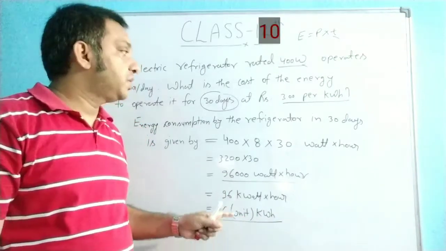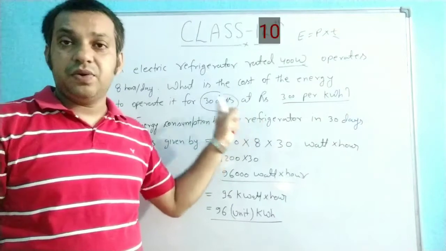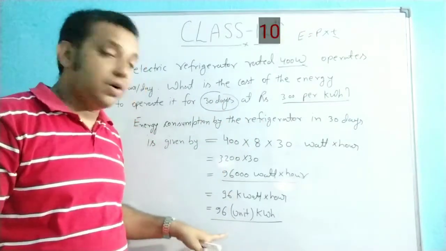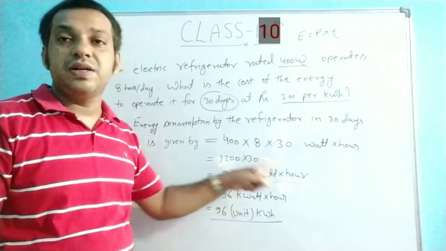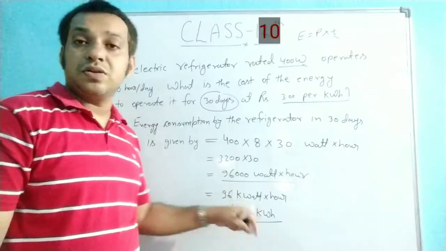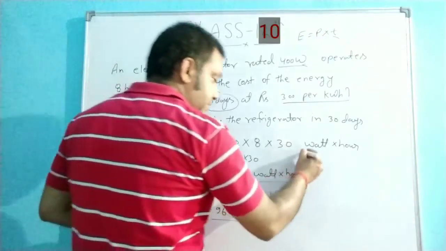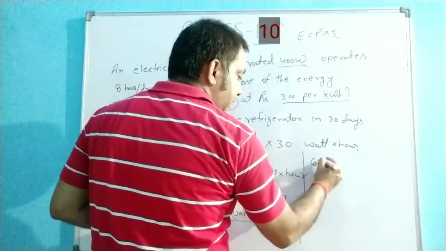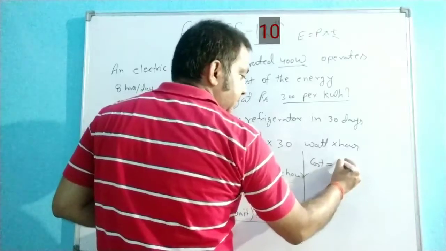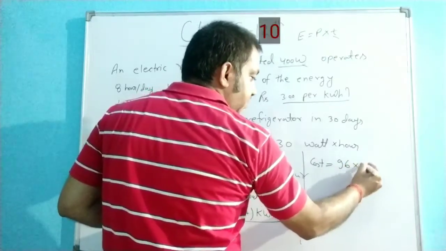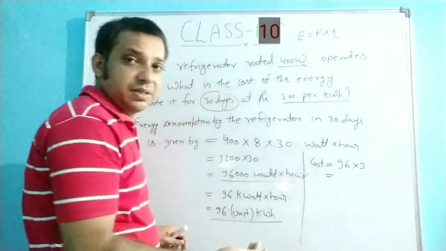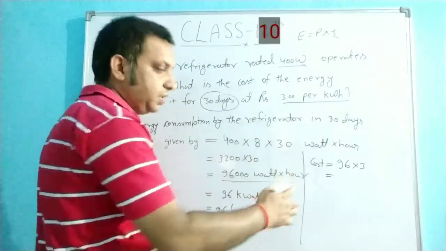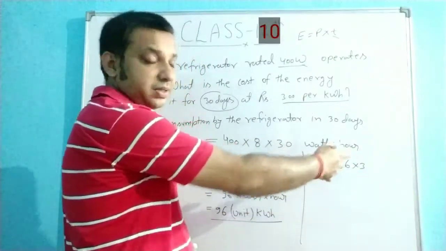But our question is to find the cost for that energy consumption. We have already calculated the energy consumption, so just find the cost for that. Cost will be 96 into 3, by the unitary method: 1 unit costs 3 rupees, so 96 units cost 96 into 3.